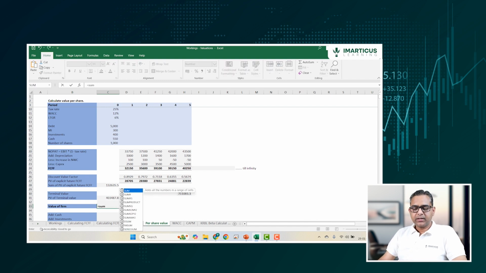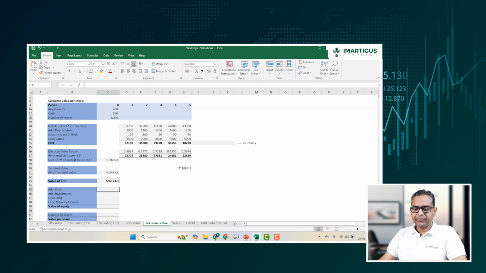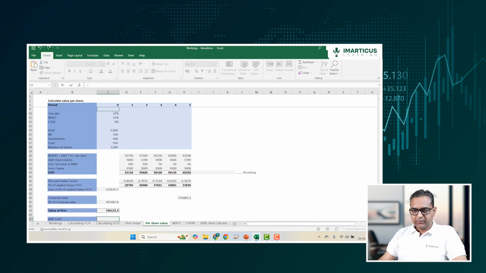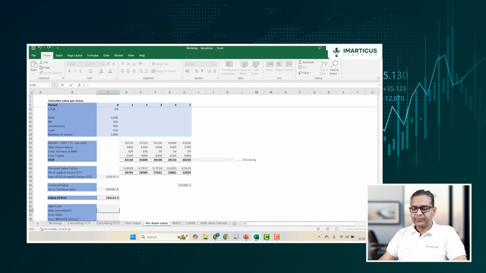right, this is the value of the firm based on free cash flows during the explicit forecast period, and beyond that. From here we will calculate the value of equity by adding cash, investments, less debt, minority interest.